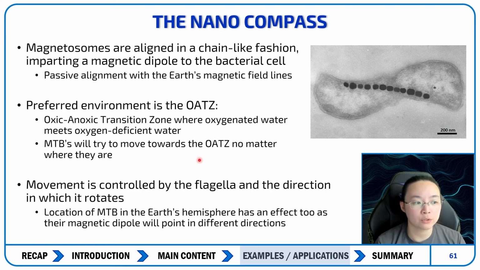The MTBs are going to try to move towards the OATZ, no matter whether they're slightly above or below the OATZ. So how do they move towards it? It's controlled by flagellar motion, as well as the direction in which it's rotating. So it could be clockwise or counterclockwise to go forwards or backwards towards the OATZ.